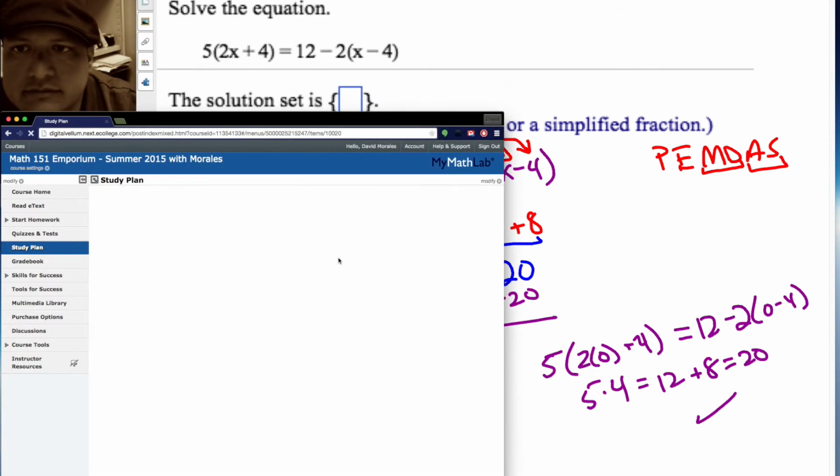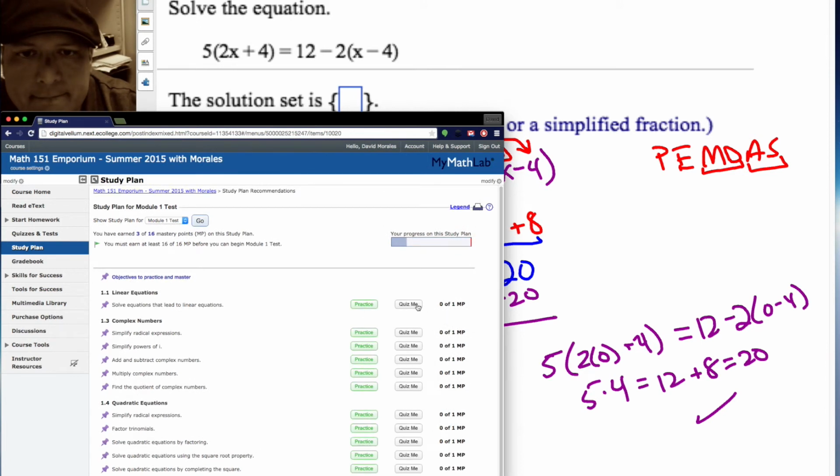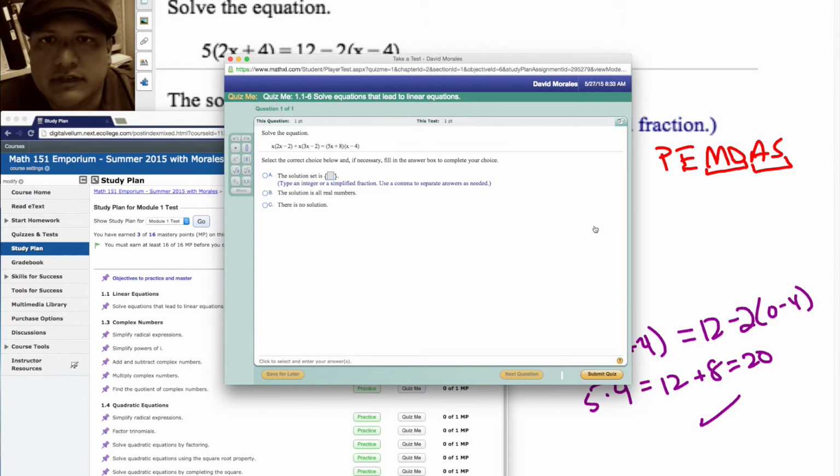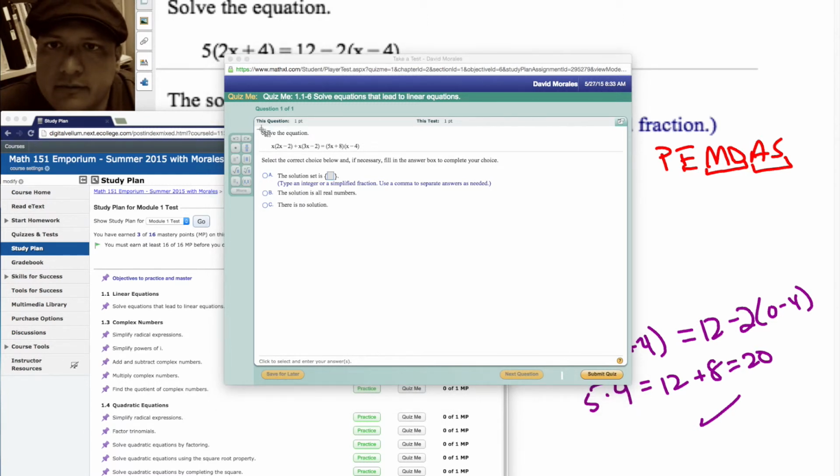All right, one more to go. Okay, let's solve this equation here. I'm just going to copy the equation part.